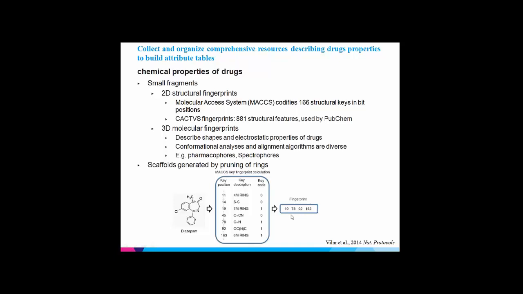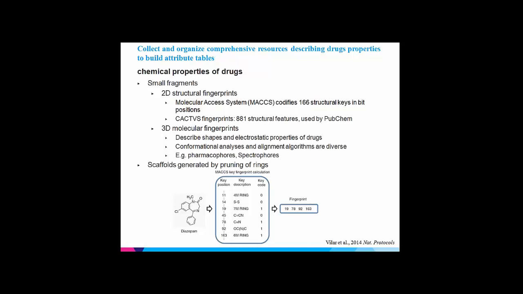And then for the classification purpose, I converted these fingerprints to binary vectors, which is 0 or 1. So for this, the binary vector has a 1 on the 19th position, the 78th position, and so on, and other positions are 0. So then I use this vector.